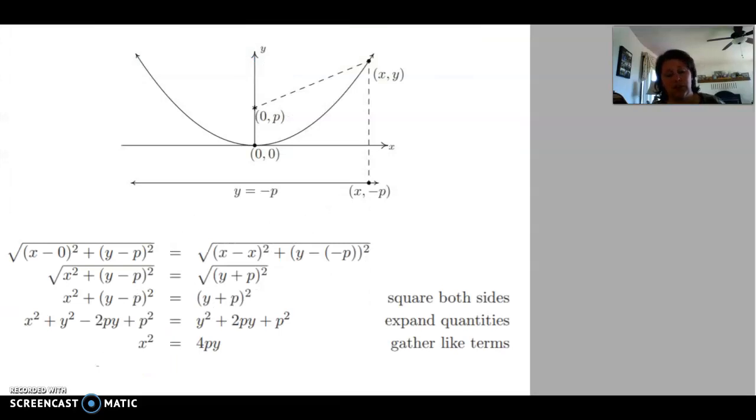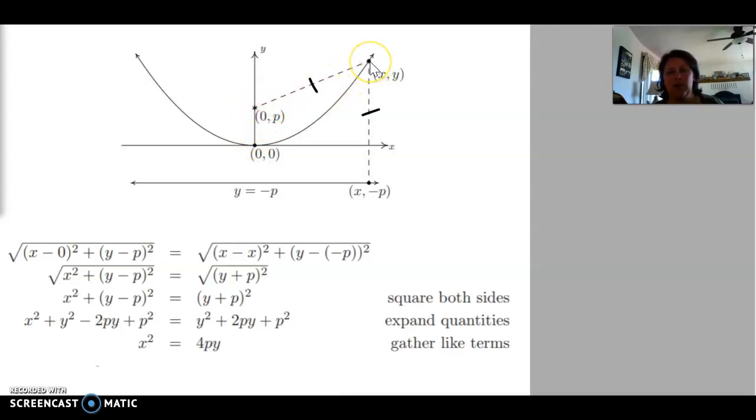Okay, so I'm just going to show you the proof of how we come up with the equation for parabolas. We take the definition of a parabola and say that these two lines are equal to one another. Then we use our distance formula. In this case, its vertex is at 0, 0, and its focus, we'll say, is at the point 0, p.